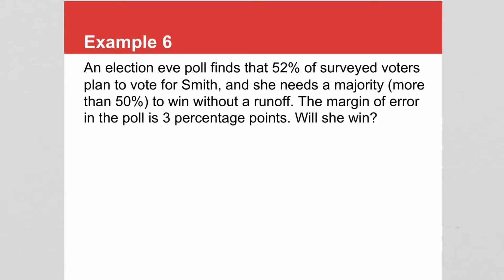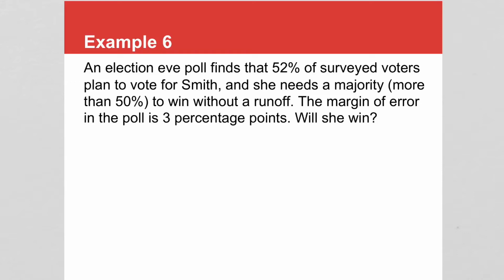So let's look at an example of that. An election eve poll finds that 52% of surveyed voters plan to vote for Smith. So these are just people that were surveyed. Not everybody that's going to go out to vote is going to be included in this sample. And Smith needs a majority, more than 50%, to win without a runoff. Okay? Well, you think 52%, oh, she's good to go.